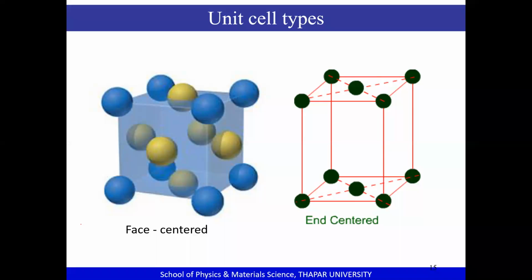The third type of non-primitive unit cell is called end-centered. A couple of books also refer to this as the base-centered. In this kind of unit cell, you have lattice points at the corners as well as on any two opposite faces. You remember we have a total of 6 faces. So out of those 6, any two opposite faces being occupied makes an end-centered non-primitive unit cell.